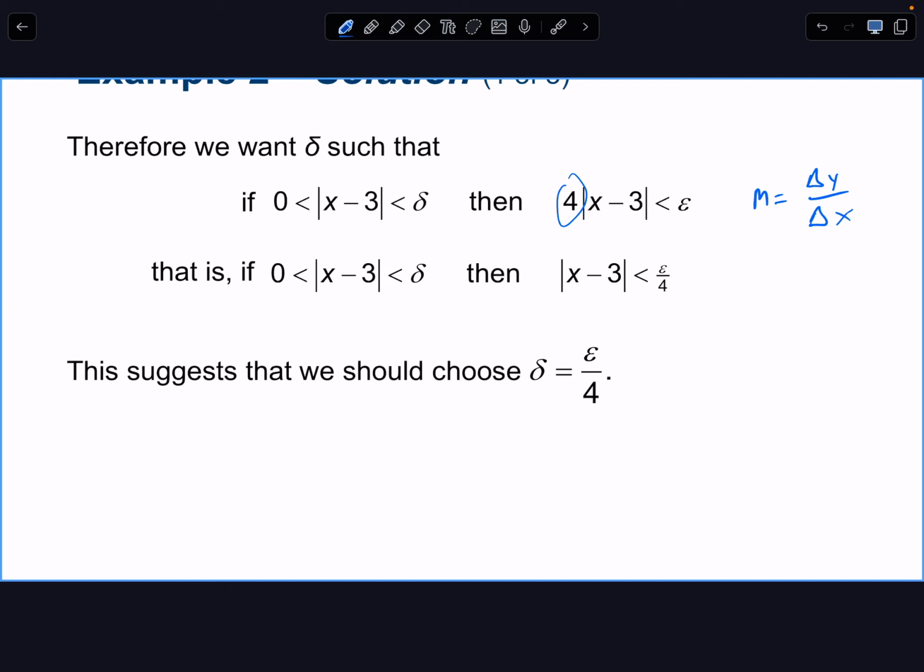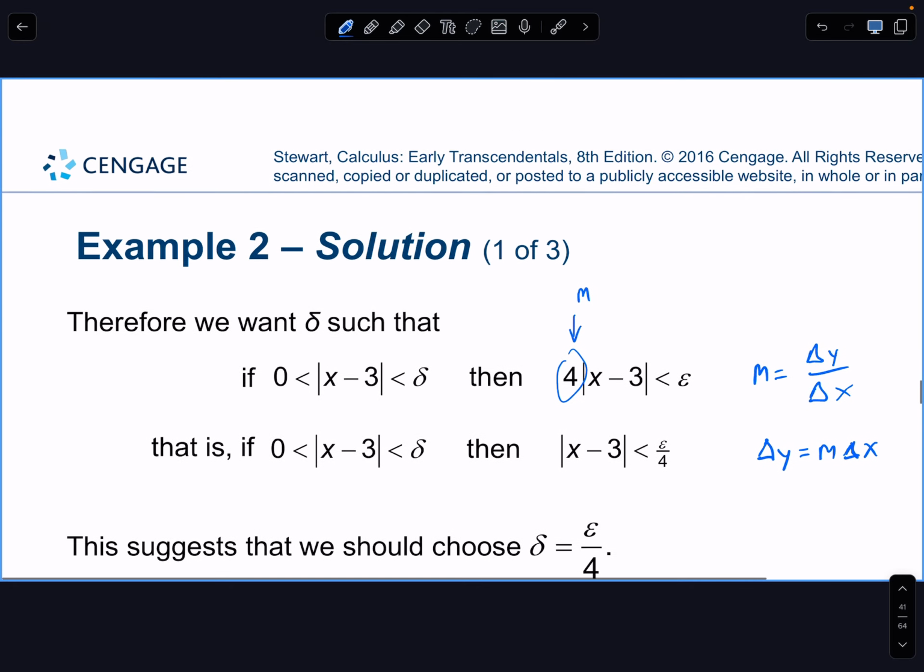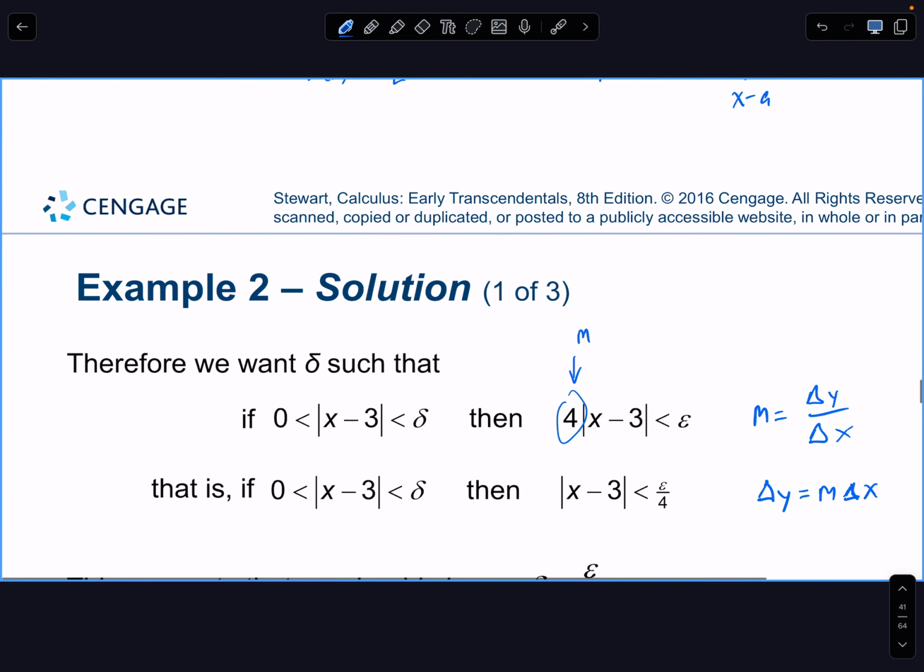Which means that delta y equals m times delta x. And this is the m. Remember the function was 4x minus 5. So 4 was the slope of the function.